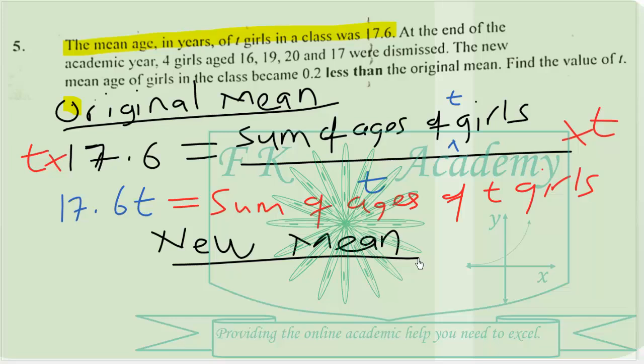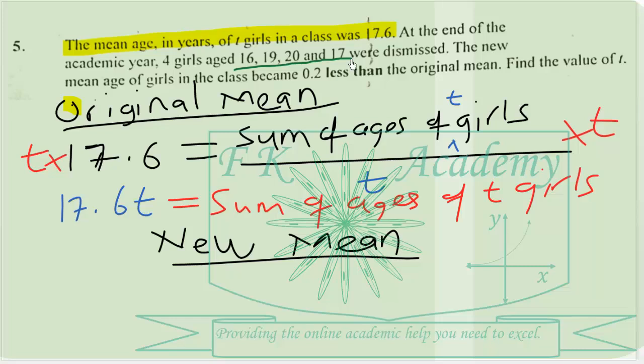The new mean will change. It will decrease. And the sum of ages of the girls in the class will also reduce. By how much? To reduce by this sum, 16, 19, 20, and 17.